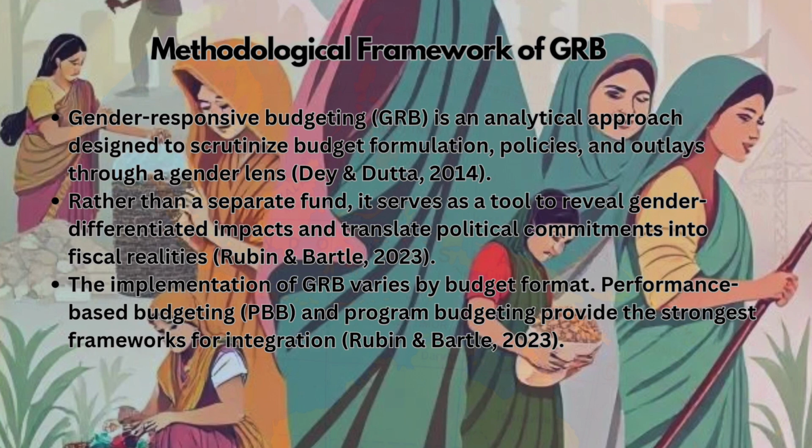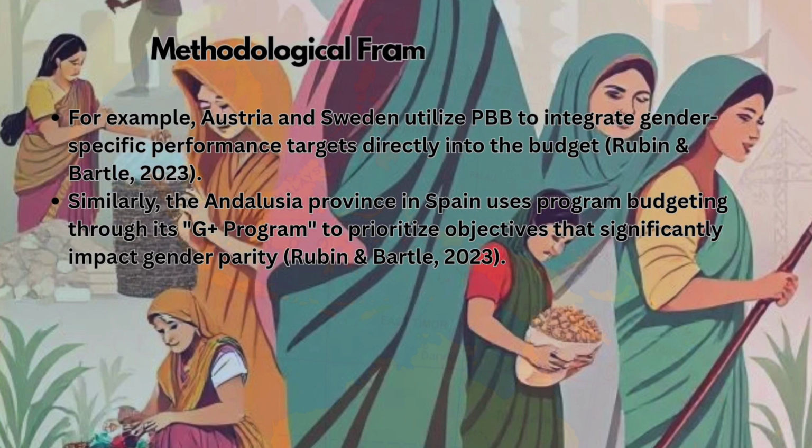The implementation of GRB varies by budget formats. Performance-based budgeting and program-based budgeting provide the strongest framework for integration. For example, Austria and Sweden utilize PBB, that is performance-based budgeting, to integrate gender-specific performance targets directly into the budgets.